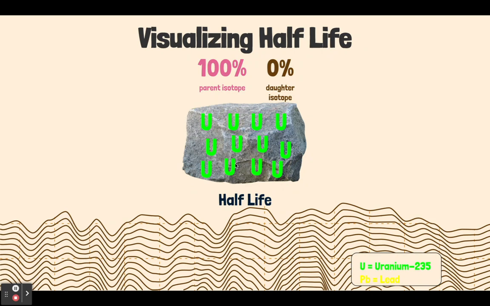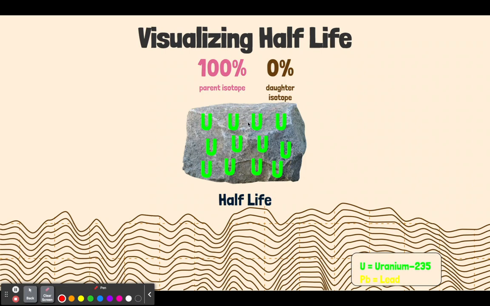Well, the way radioactive isotopes work is that they break down over time. If you find this rock, it has 1, 2, 3, 4, 5, 6, 7, 8, 9, 10, 11, 12 uraniums in it and no lead, then you know that this rock has to be pretty new, because uranium is a radioactive isotope. It'll break down over time.